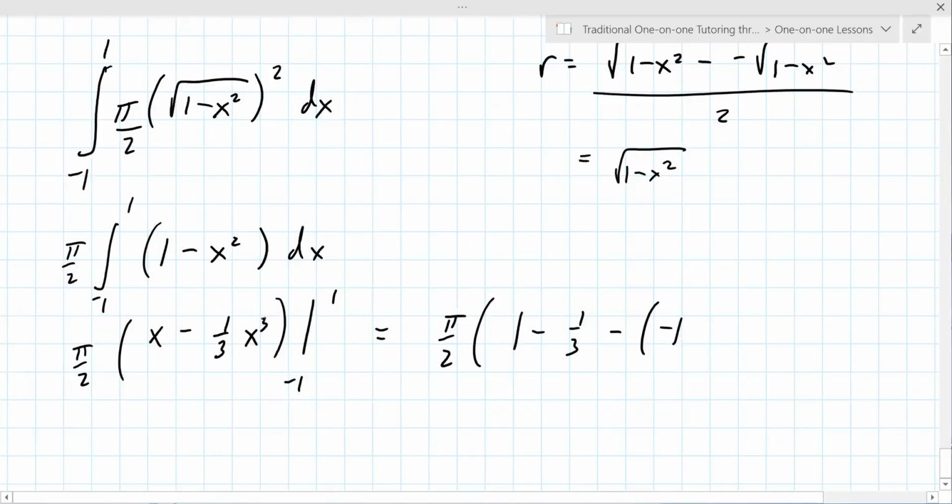When you put -1 in here, it's -1, but that negates, it becomes plus 1/3. So this is 2/3, this is minus 2/3, but then it's plus, so it becomes 2/3 plus 2/3, 4/3. So it's pi over 2 times 4/3, which is 4 pi. Actually, it reduces to 2 pi over 3. That's just part A.